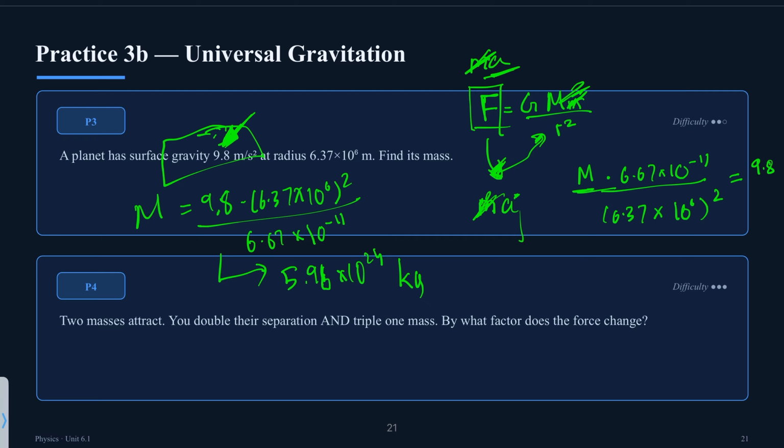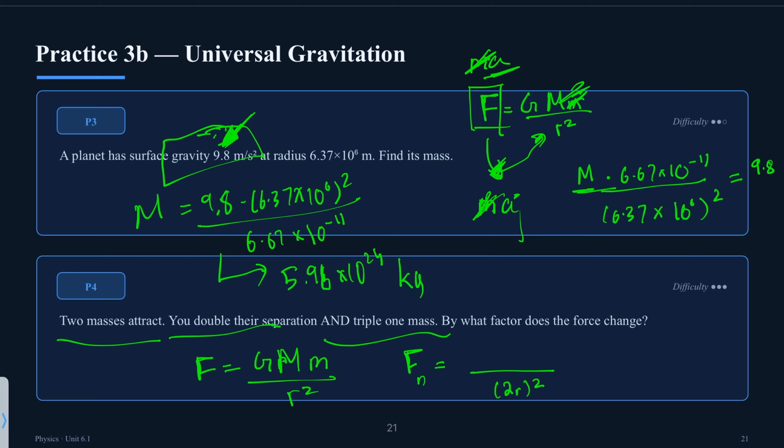So now let's try this one. Two masses attract. You double their separation and triple one mass. By what factor does the force change? The original force is big G times big M times little m over r squared. Your new force, so force new I'll write here, is you double their separation, so over 2r squared, right?